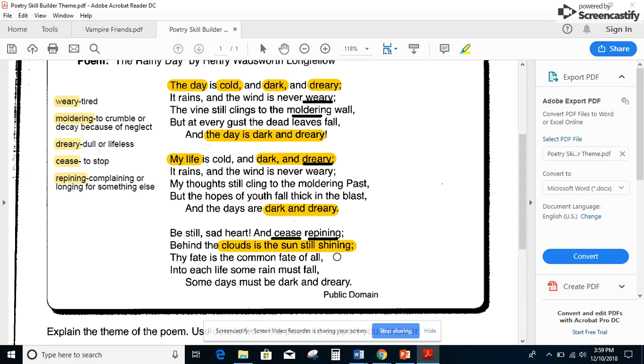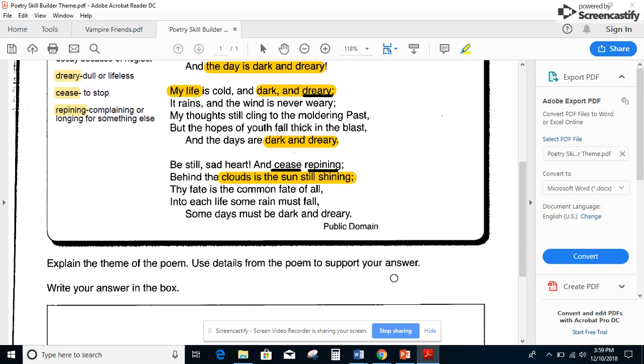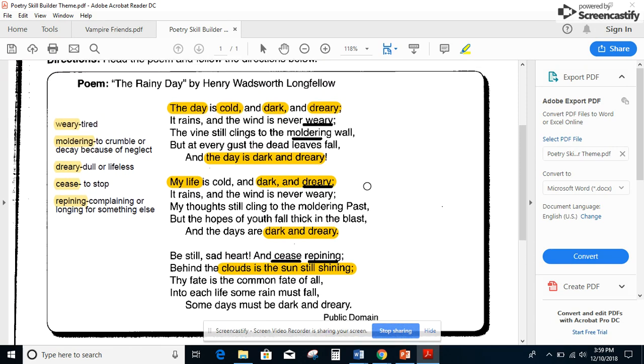Okay? Now your question at the bottom asks you to use details from the poem to support your answer. Okay, so anything that we highlighted here would be good evidence, or you could use the specific images like the vine clinging to the wall and his thoughts clinging to the past.